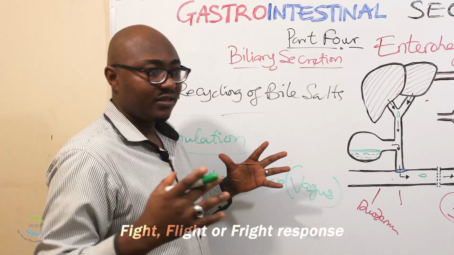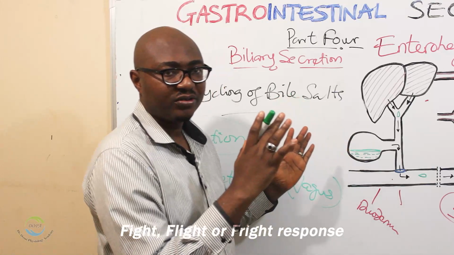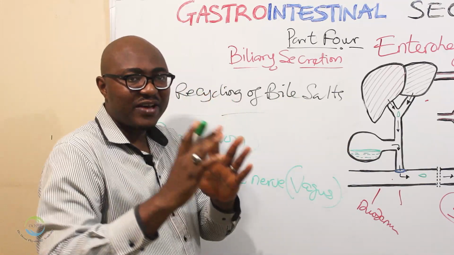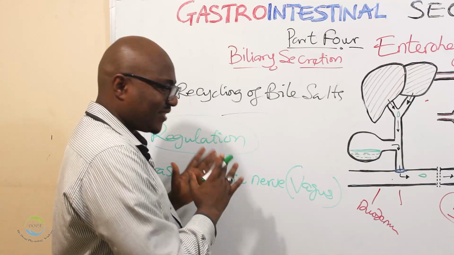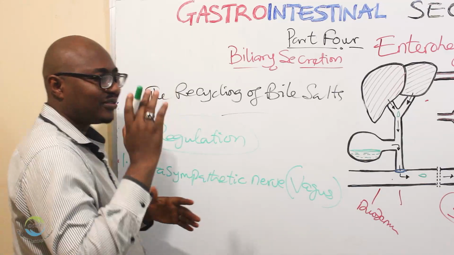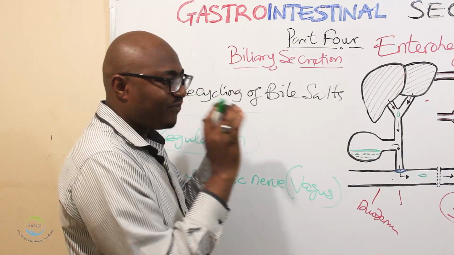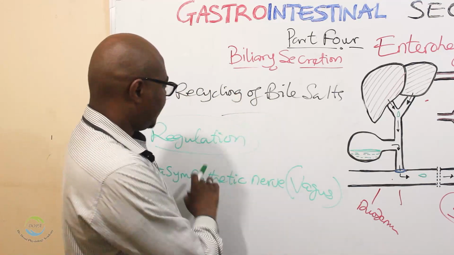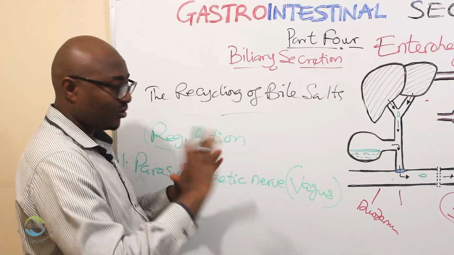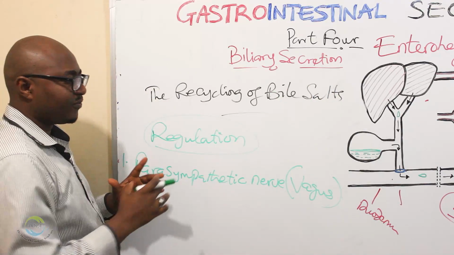Fright, afraid, or flight, run. Fight or flight response. This one is called rest and digest. So everything that will aid digestion, secretion, motility, everything that favors that, the parasympathetic nervous system does. So biliary secretion is part of it.